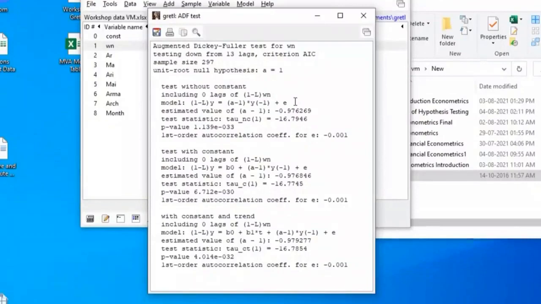Now again, remember, the correlogram will tell us only about the autocorrelation. Information about heteroscedasticity, specification problems, ARCH effect, and so on will not be obtained from that.